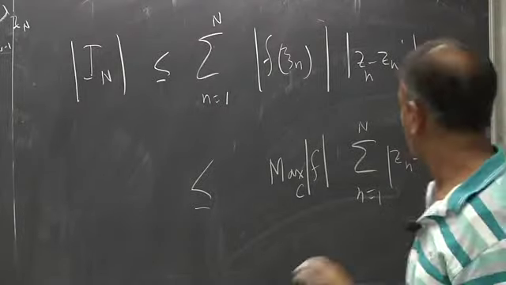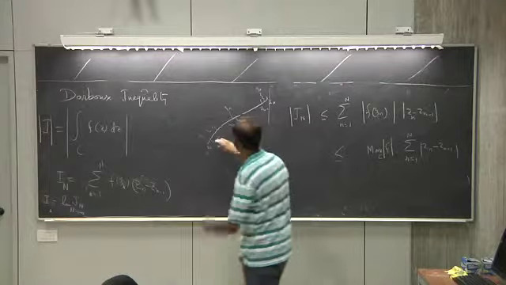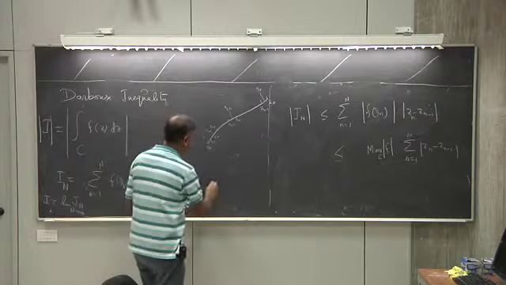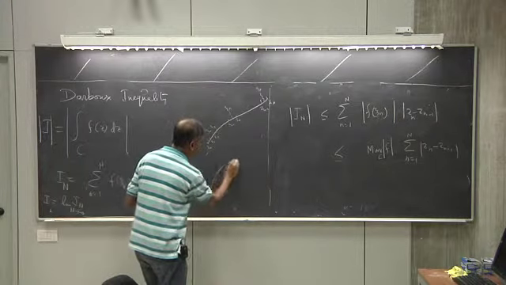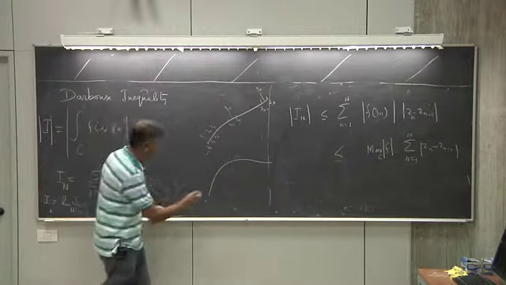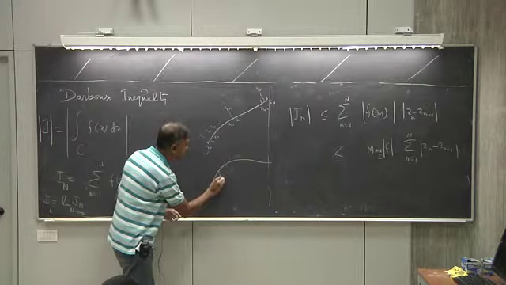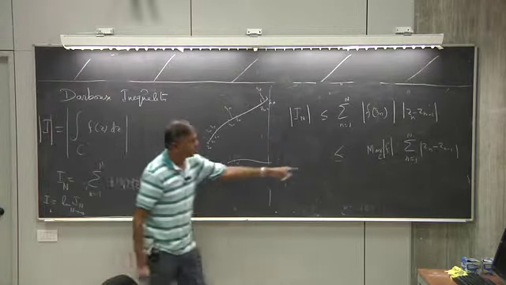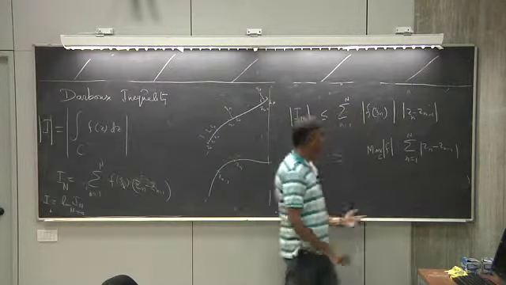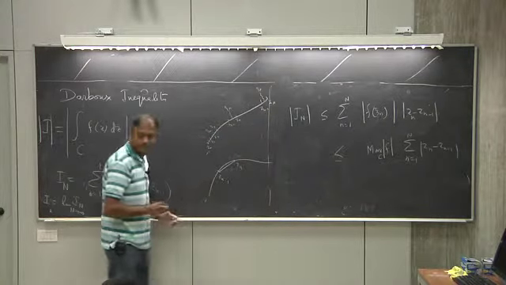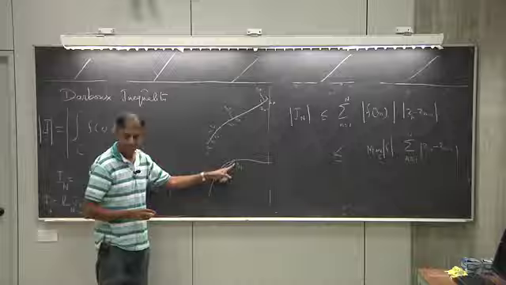Now look at this here. Let me try to make the curve more curved, because here it looks almost straight. Suppose I have Z_{n-1} here and Z_n there. What is Z_n minus Z_{n-1}? It is simply the length of this vector from here to here.